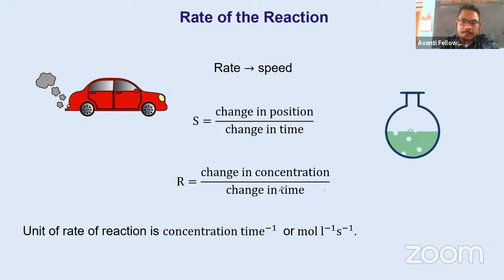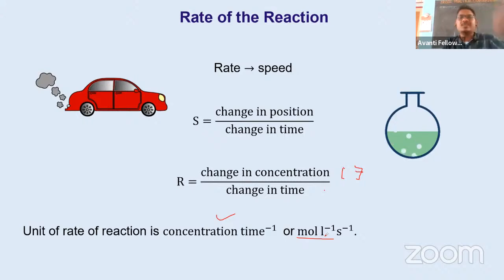Okay, like here you can see, no? So here is our concentration, and here we have concentration and time. Unit is concentration over time. So concentration can be written mole per liter.